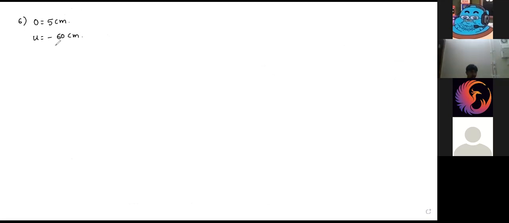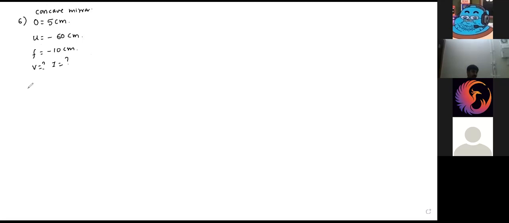Focal length दिया है, this is a concave mirror. Focal length is minus 10 centimeter, right? Then find the position and size of the image.